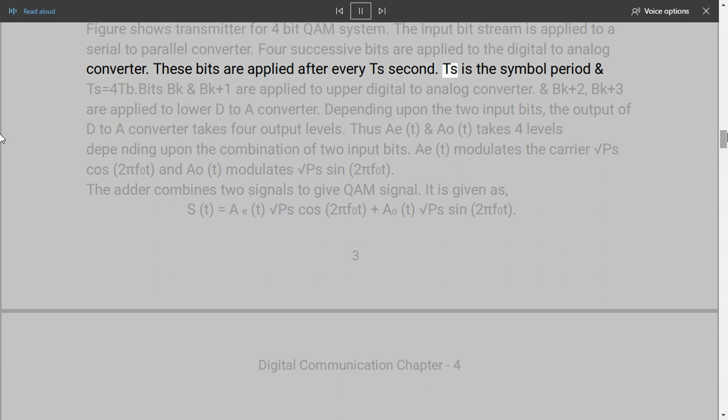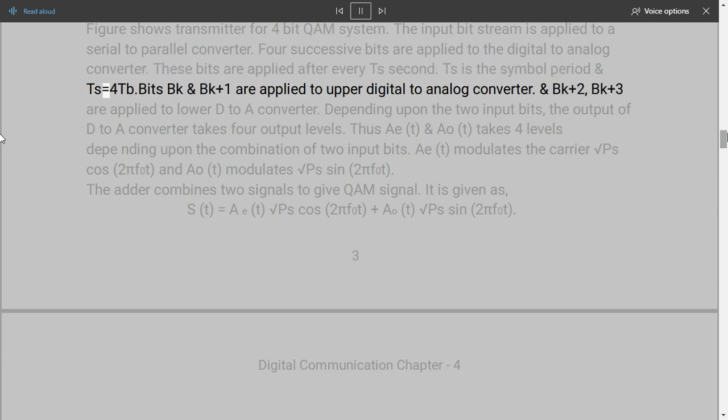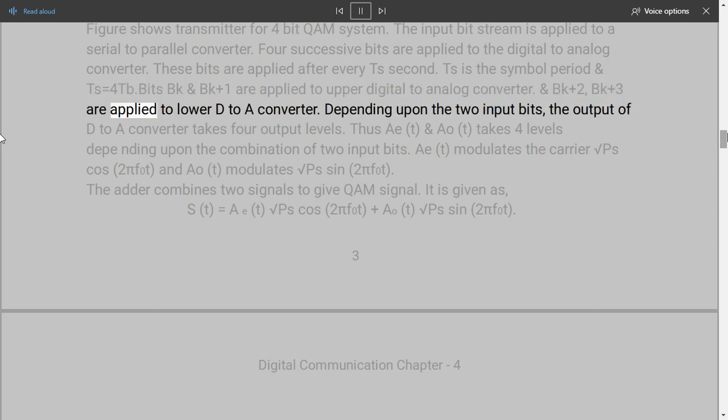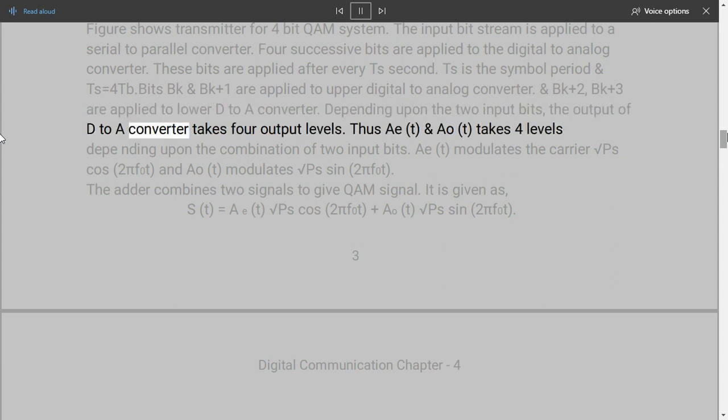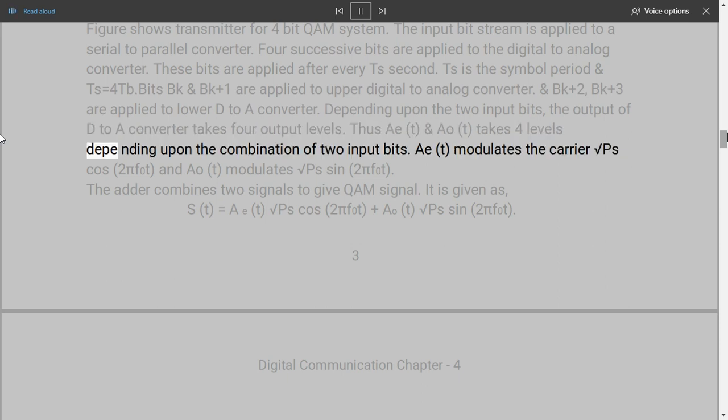Ts is the symbol period and Ts equals 4 Tb. Bits bk and bk+1 are applied to the upper digital to analog converter. And bk+2, bk+3 are applied to the lower D to A converter. Depending upon the two input bits, the output of the D to A converter takes 4 output levels. Thus Ae(t) and Ao(t) take 4 levels depending upon the combination of two input bits.